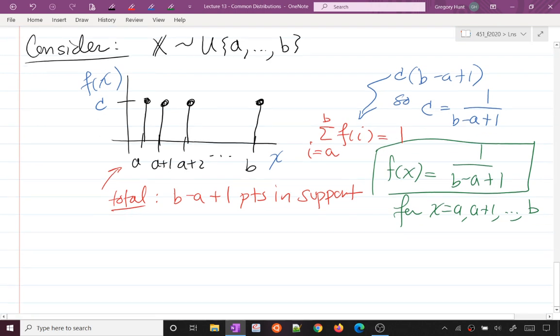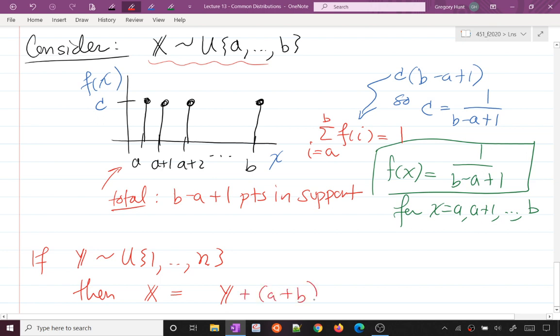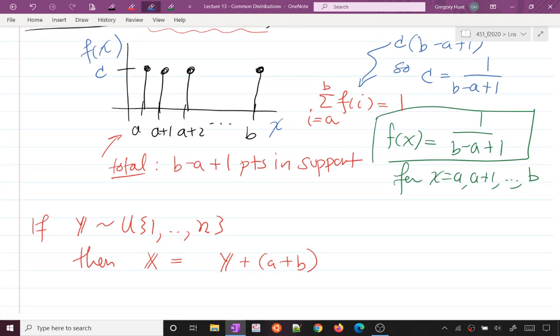And so if we had some random variable y that was distributed uniform 1 to n, then we could make a random variable x that was distributed a to b from y by taking y and adding, as long as n is b minus a plus 1.